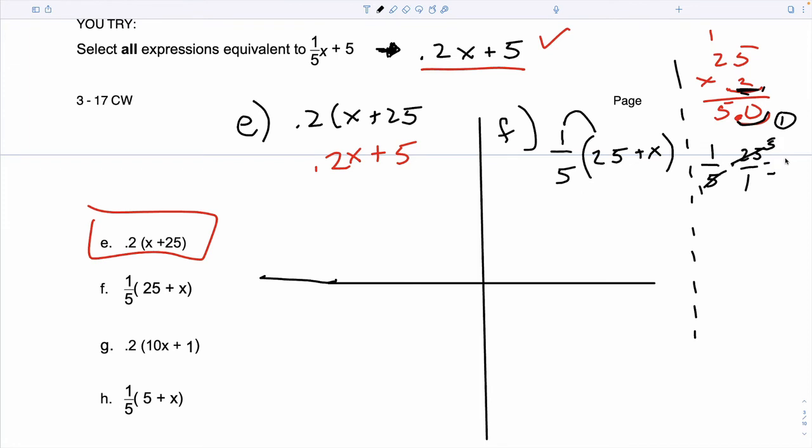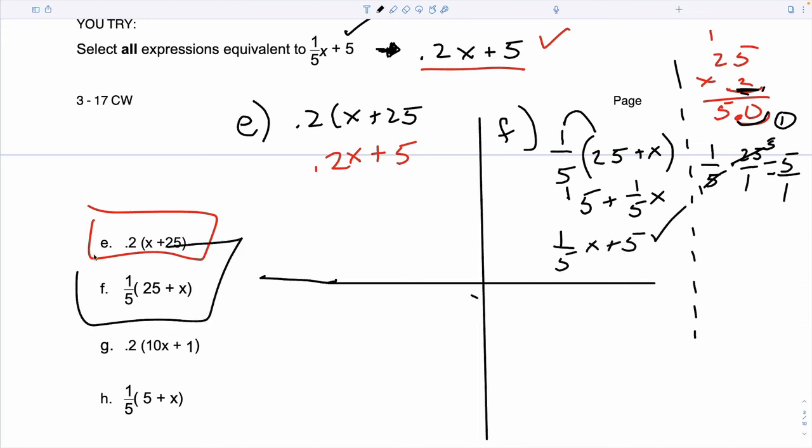Yeah. So far it's looking pretty good. This is a 5, which matches one of my numbers. Is 1/5 times x 1/5 x? Yeah. Anything times an x is itself. So that can rewrite like this. And B or F works. Check it off, circle F.